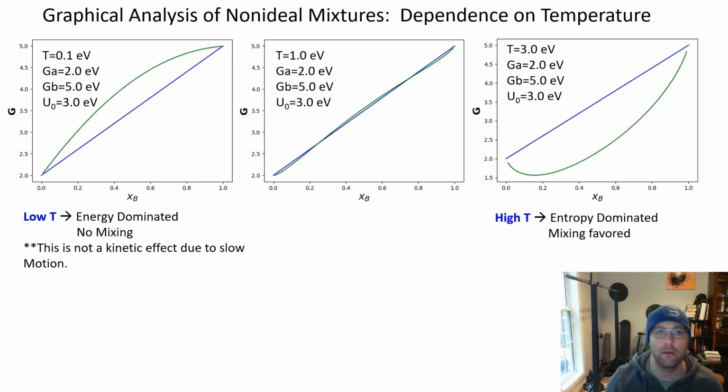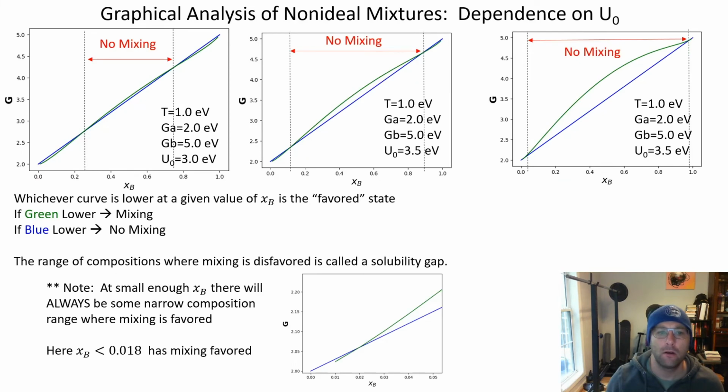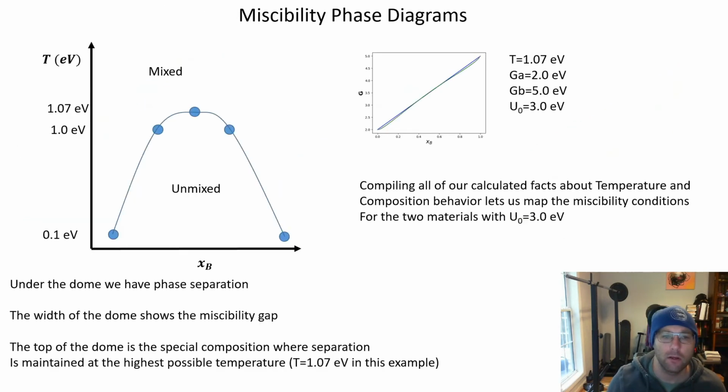No, I didn't. Solubility gap, whatever. Miscibility or solubility gap is the width of this dome. So at low temperatures, it's large, and as you go up in temperature, it shrinks to 0 at this final tippy top point.